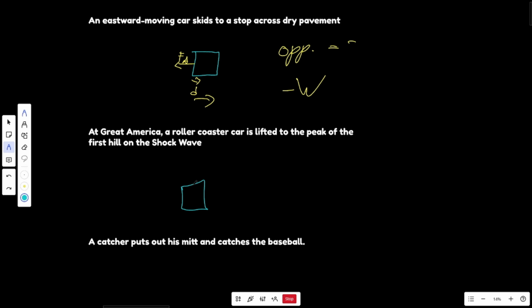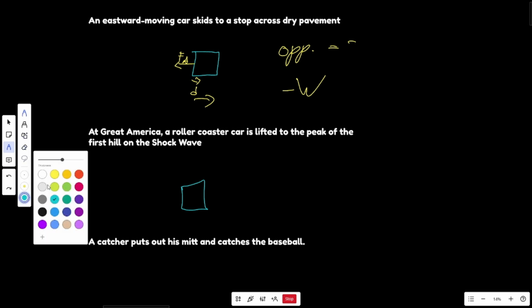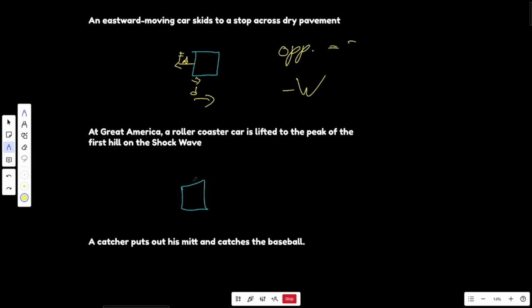We're just going to say that it's going up because it's lifted. It's also displaced going up. So its displacement and the force applied are going up. Since they're going in the same direction, that means the work done is positive. So that is positive work being done here.